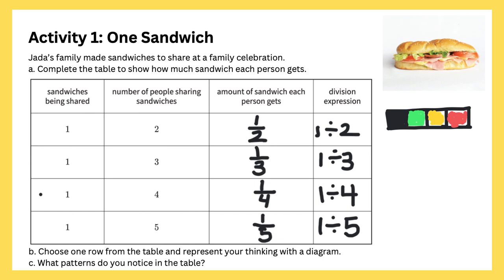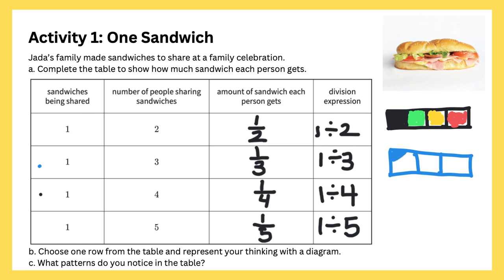And you know what? We can go ahead and just do one more representation if that's okay with you. So let's do 1/3. So just the one right above it. So we'll draw our sandwich. That was a little crooked, but we'll break it into 3 equal parts.